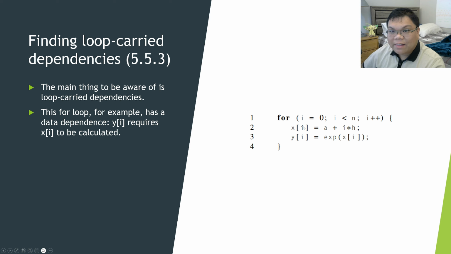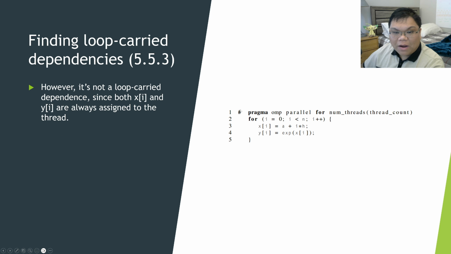If anything, this is calculating pairs of elements that are stored in separate arrays. So, we have no problem parallelizing this code. It is a data dependence, but it's not a loop carry dependence.